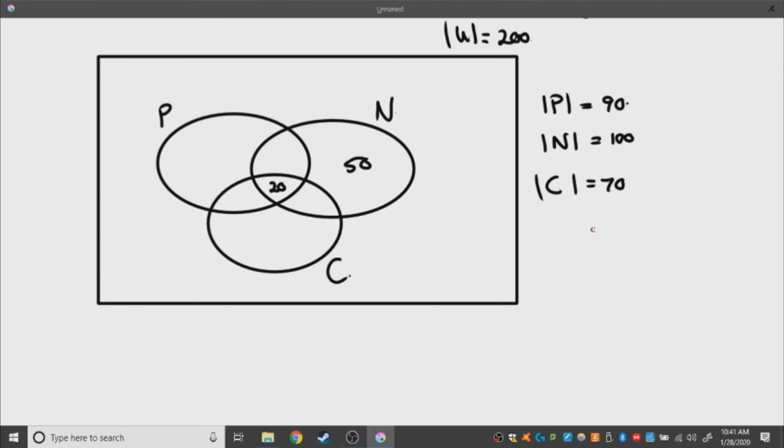30 students are enrolled in both a psychology and an economics course. Can I put that information in there? Not can I put the 30 in, but can I put the information in? Yes, because these 2 together make 30, which means that has to be 10.